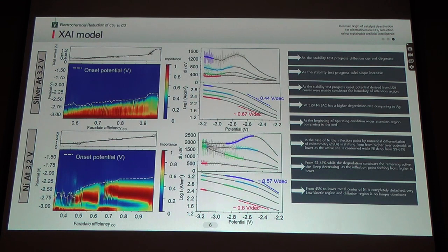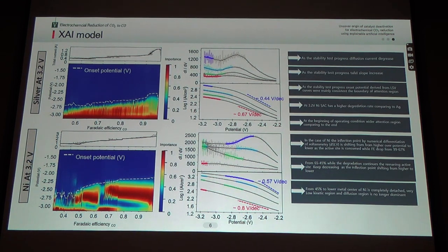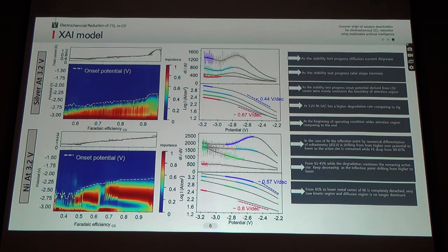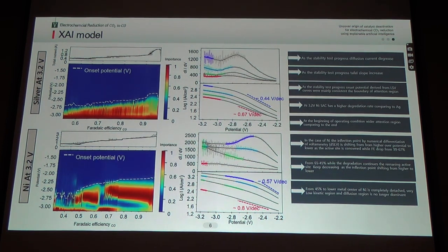So we can clearly say also that we have the steeper Tafel slope in terms of the performance. At the high Faraday efficiency, we have the wider attention region. As the performance drops, the Tafel slope increases, which means that we have the lower kinetic region.